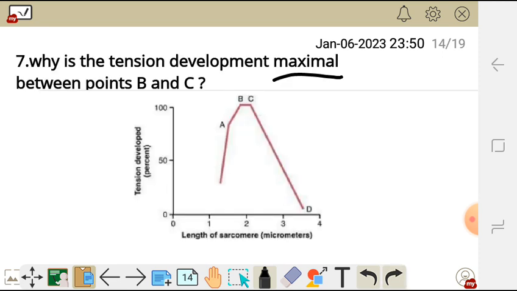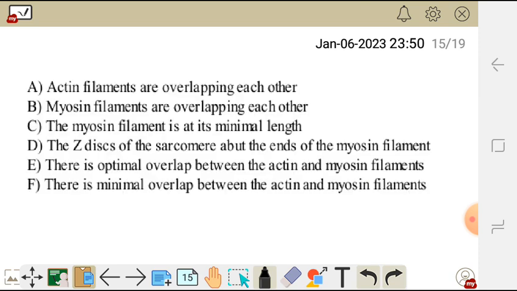So when you look at this question, at B and C, we can see that the length of the sarcomere is increasing this side, but the tension is not increasing. So we can say there is optimal overlapping between the actin and the myosin filament.